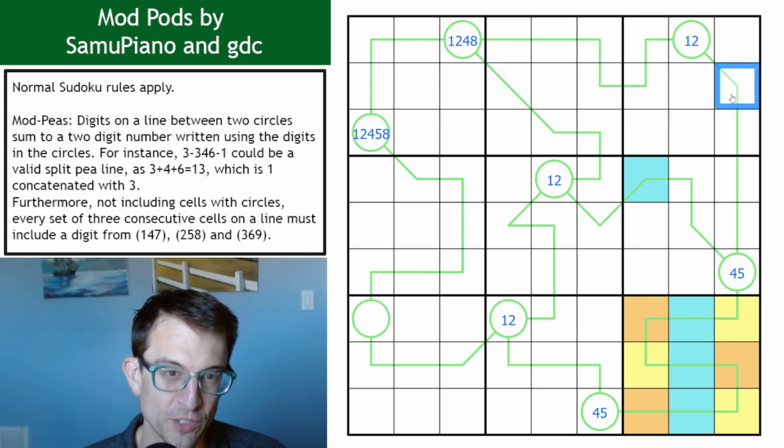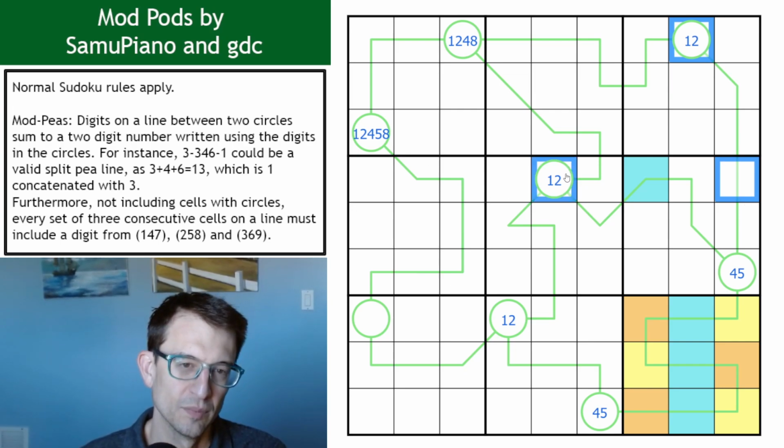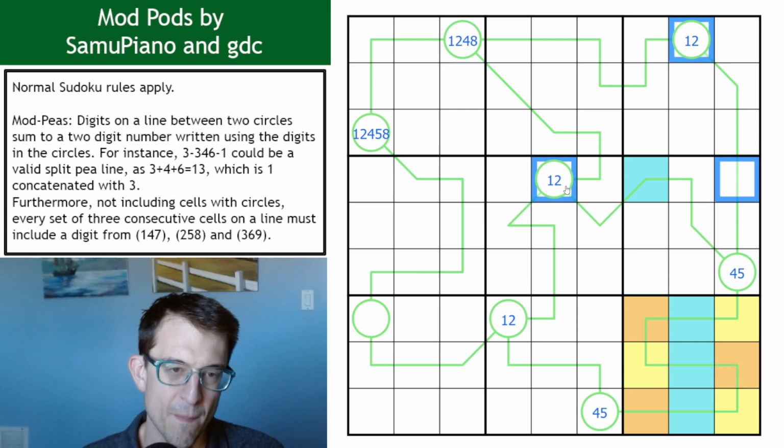We can't do 4, so the 1 would have to be there. And then we want, so if this is 1, this is 1. Oh, that makes this 2 actually. I don't see why that's a problem.